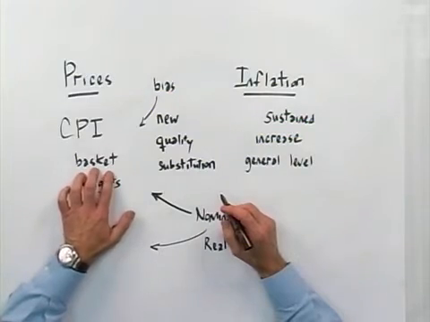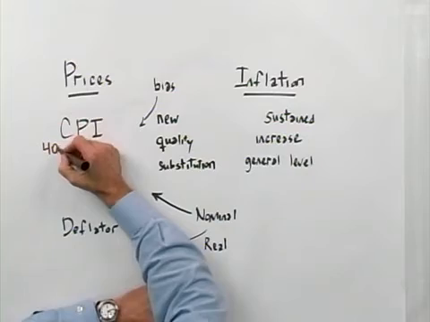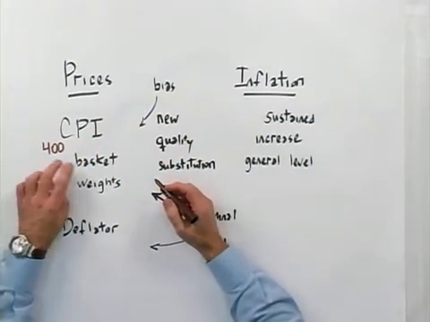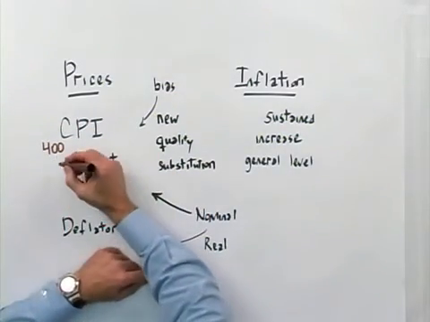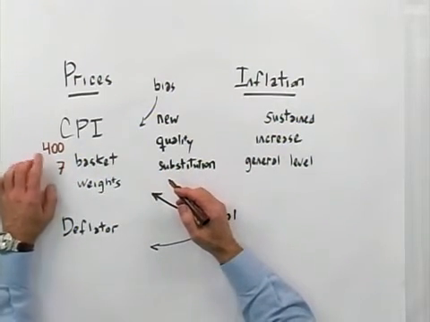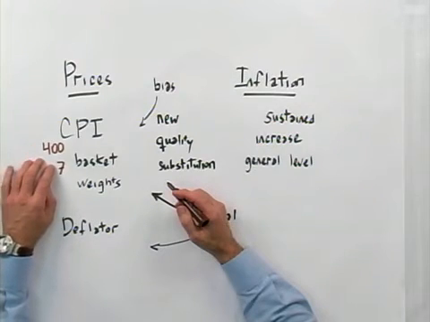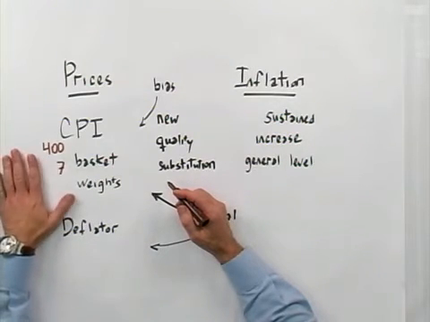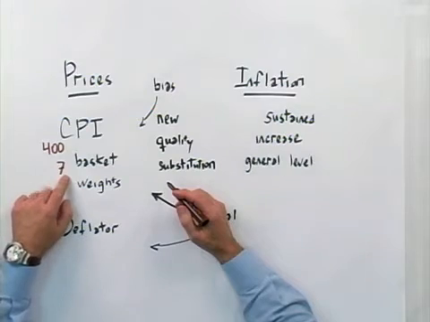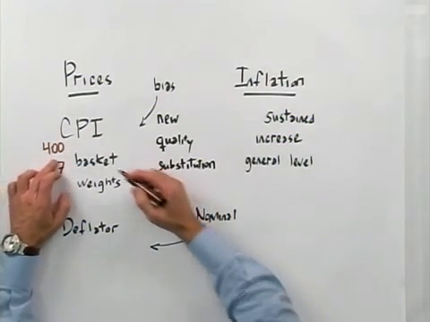Now, by a basket, what I mean is that there are about 400 goods or services in this basket over about 7 groups. The 7 groups being things such as housing, transportation, food, clothing, healthcare. And these 7 groups give us about 400 actual goods.